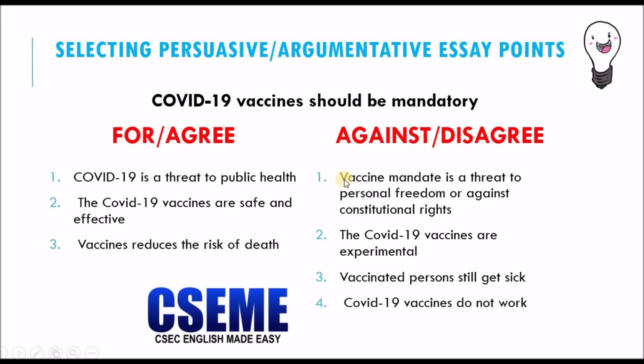Now, if we look at the disagree column, we can say that 3 and 4 are related. It means that we choose one. So you can say vaccinated persons still get sick. And in developing that point, you can say this might indicate that the vaccines don't work, right? So that's one way of looking at it. Now we have our 4 arguments.